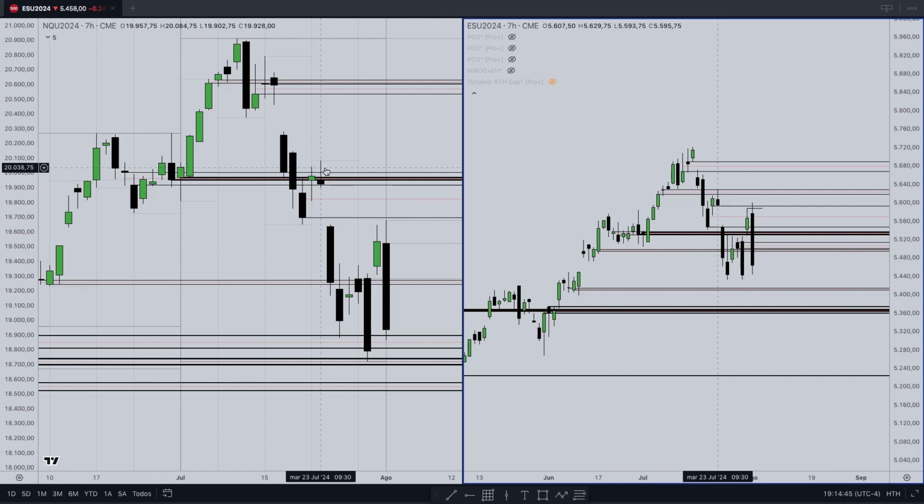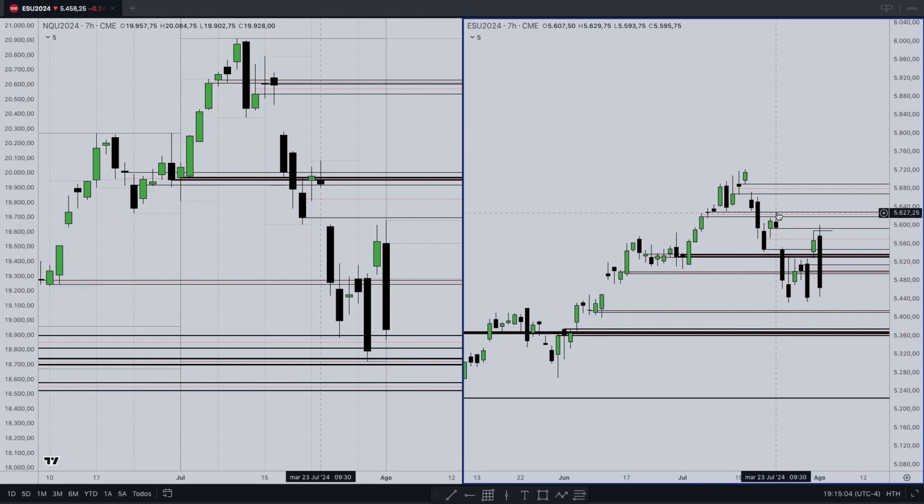But the fact that we didn't trade this gap and ES did, this is also an SMT, but with gaps. I really don't know how to say it because it doesn't have a name, but this is a kind of divergence.